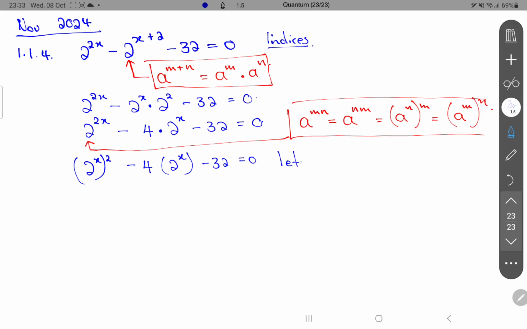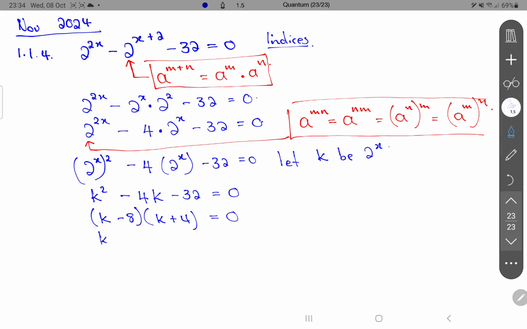Then I let any letter you like, I like k, be 2^x. Then it becomes k squared minus 4k minus 32 is equal to 0. When you get there, you will discover that it is now quadratic. We can factorize it. When you factorize it, it will be (k minus 8)(k plus 4) equals 0.